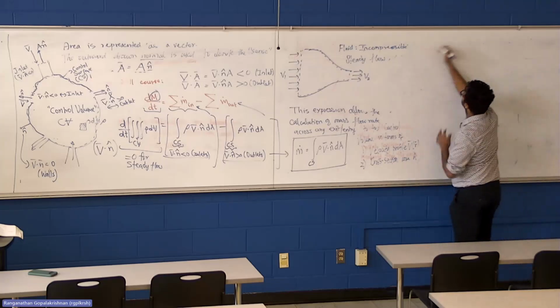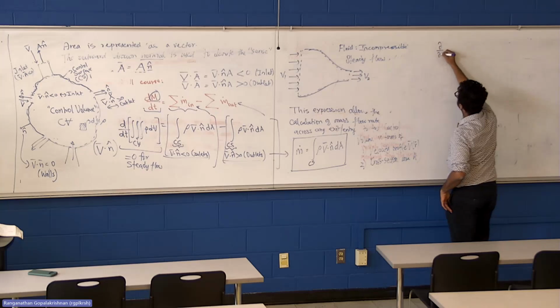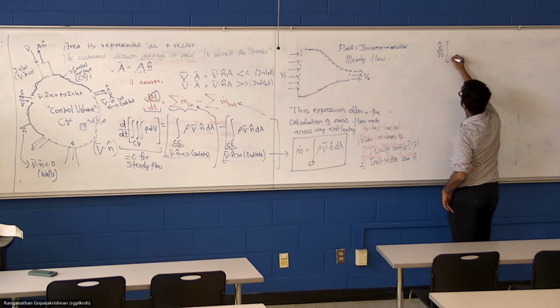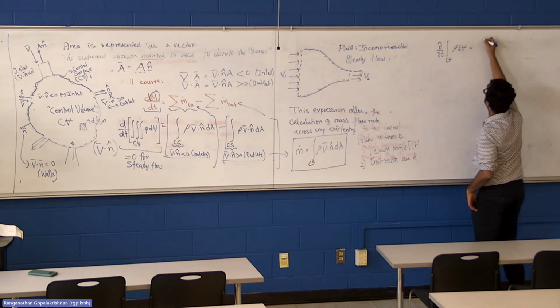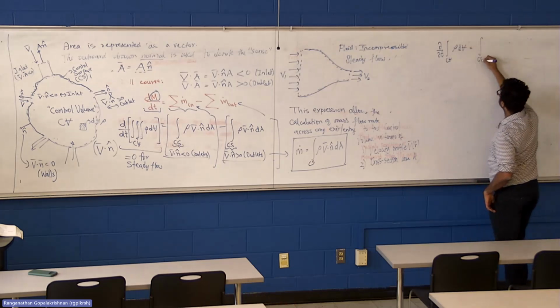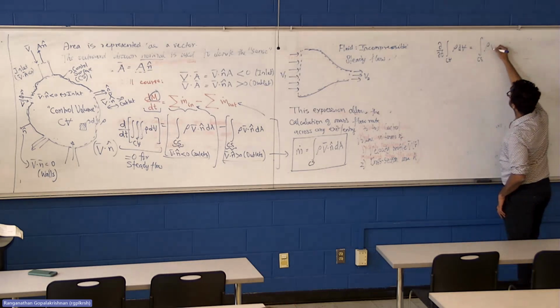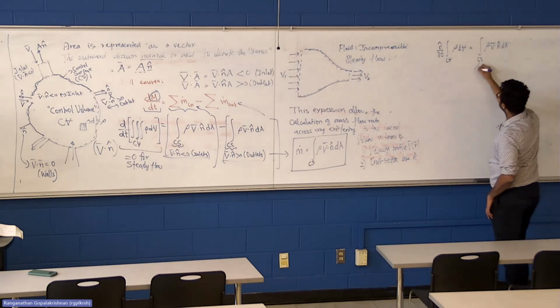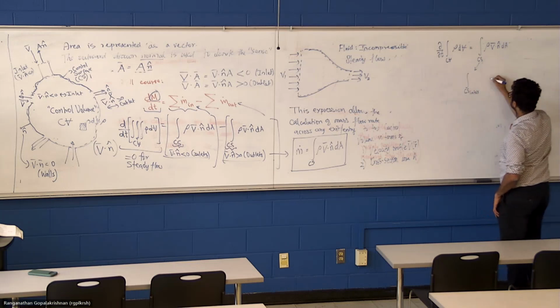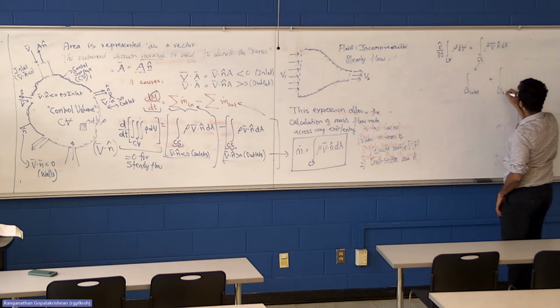So we have the derivative with respect to time of the integral over the control volume of rho dV equal to the integral over the control surfaces of rho v dot n dA, where CS includes CS inlets and CS outlets.